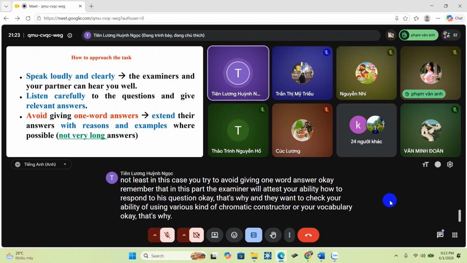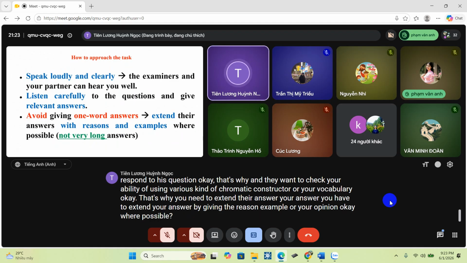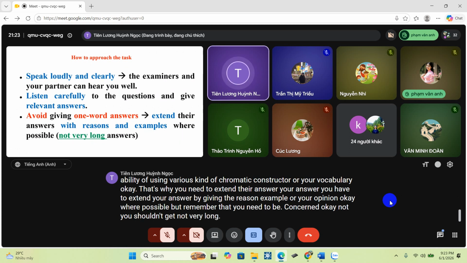That's why you have to extend your answer by giving reasons, examples, or your opinion, where possible. But remember that you need to be concise, so you shouldn't give very long answers.